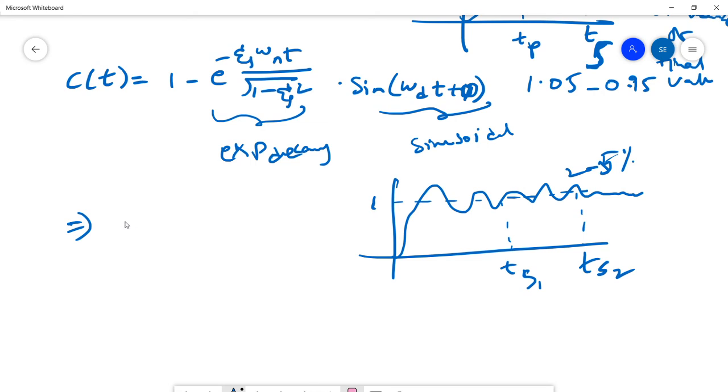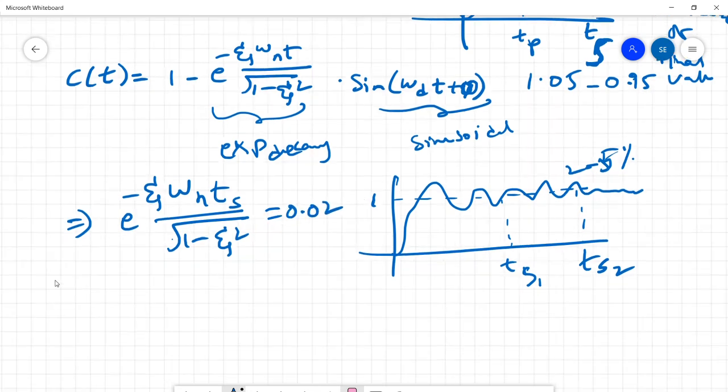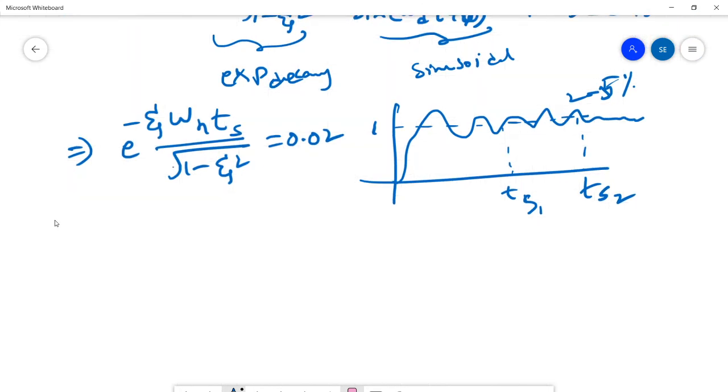So what we'll do, we'll take that function: exponential of minus zeta omega n ts divided by root of 1 minus zeta square, equal to 0.02. Why 0.02? Because we are considering a 2% band. So minus zeta omega n ts is equal to 0.02 into root of 1 minus zeta square.